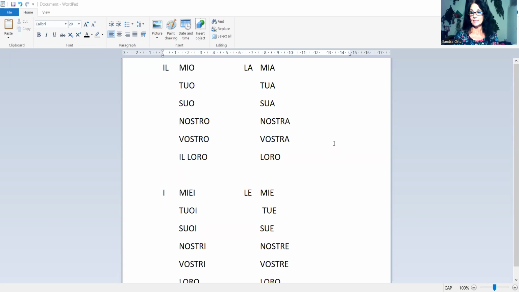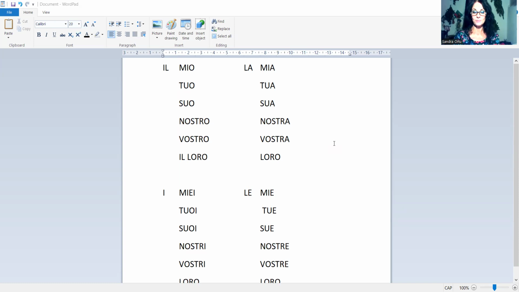In English, you only have 6 possessives. If you follow the usual persons, 3 persons singular, I, you, he, she, and 3 persons plural, we, you plural, and they, in English there is 1 each. In Italian, as I said, we have masculine, feminine, singular, and plural. So we're going to see all of them.